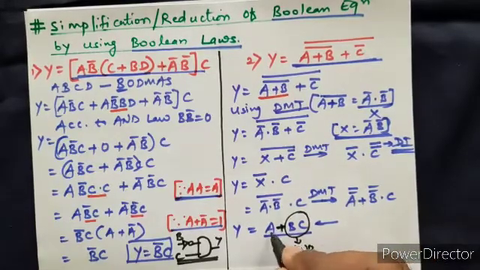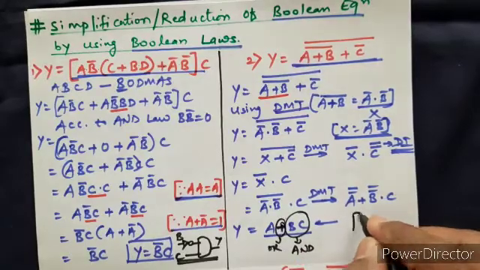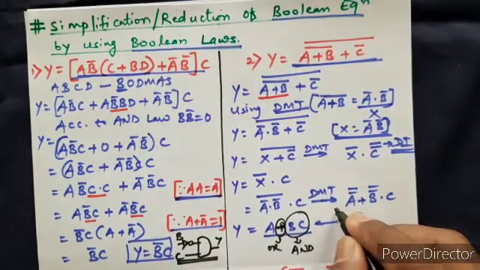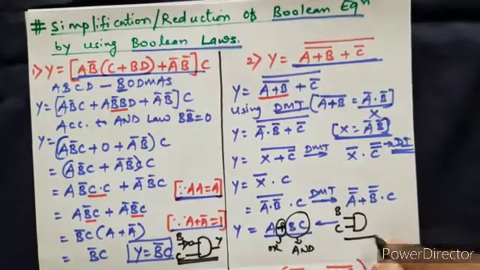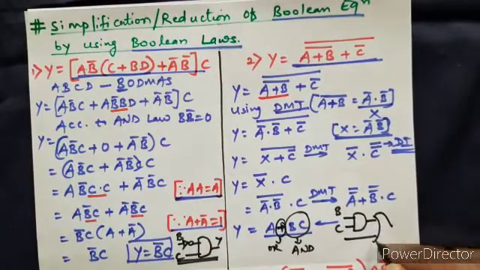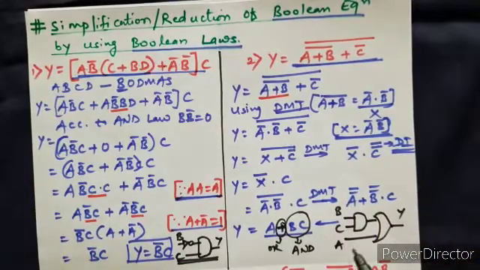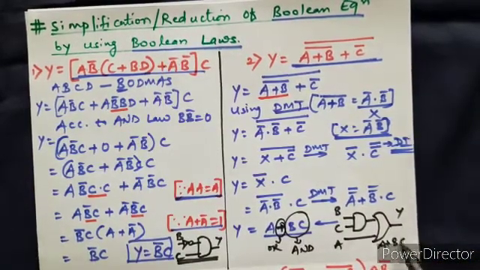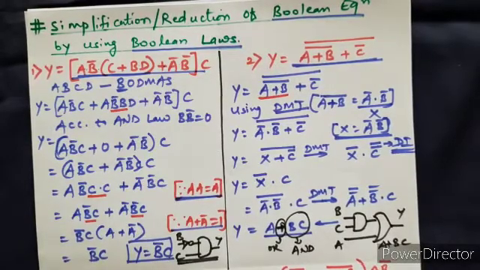This is ORed with A, so here I'll require an OR gate. So this is B, C, and this is A. Okay. So Y equals A plus BC.